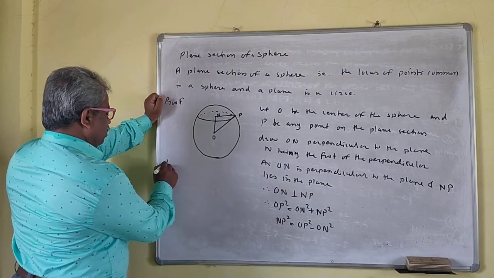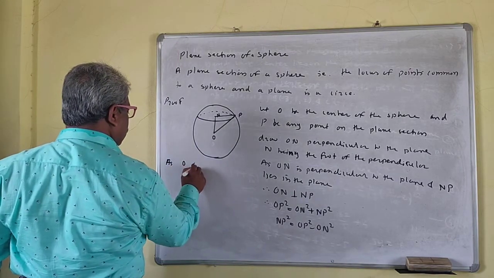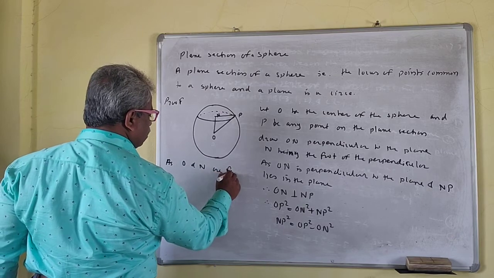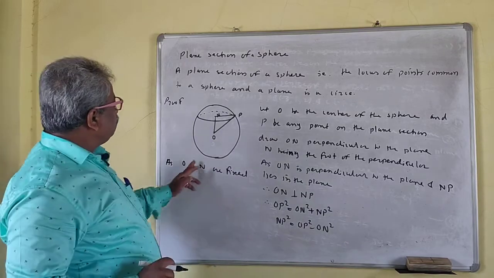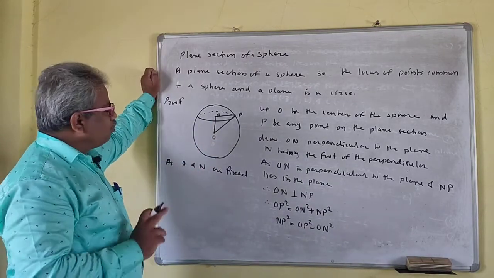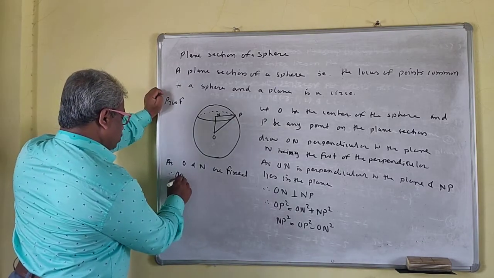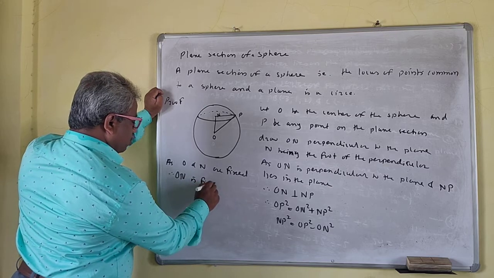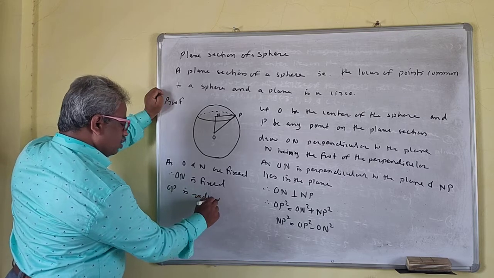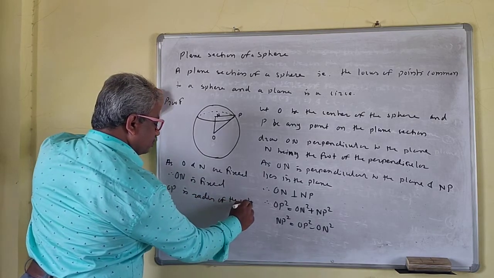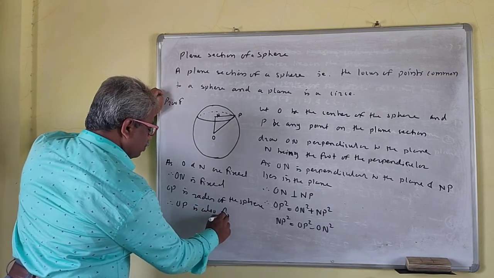Now O is fixed and N is fixed because it is the foot of the perpendicular. Therefore ON is fixed. OP is the radius of the sphere, therefore OP is also fixed.